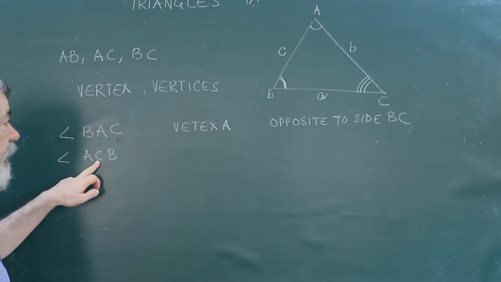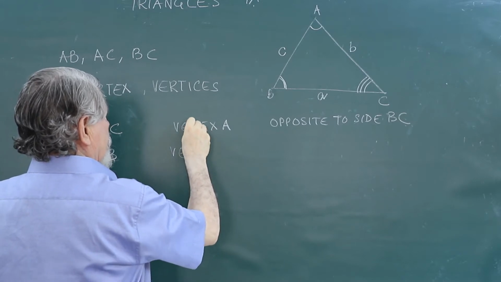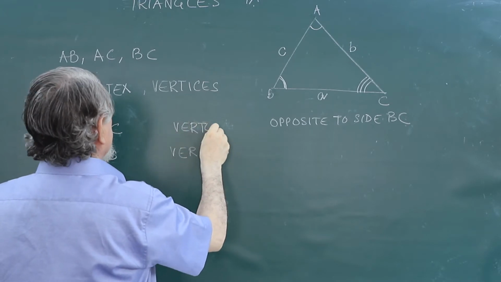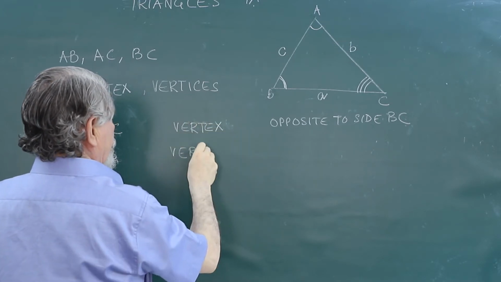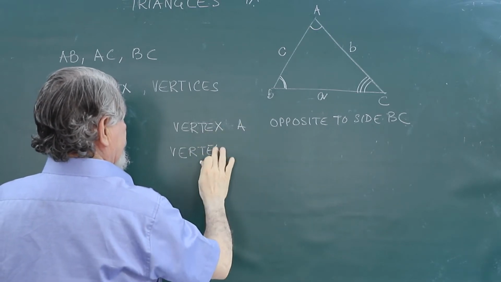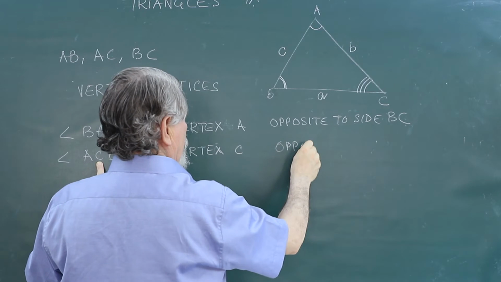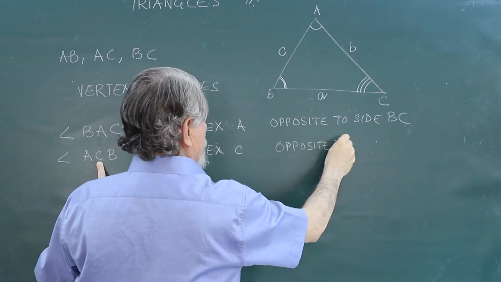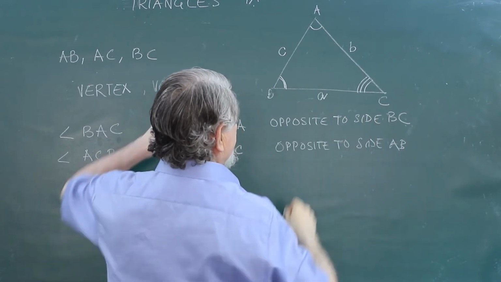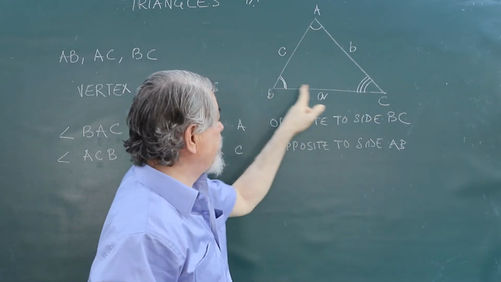This means the vertex is C, opposite to side AB. If you see the side AB, opposite to it is angle C, ACB.